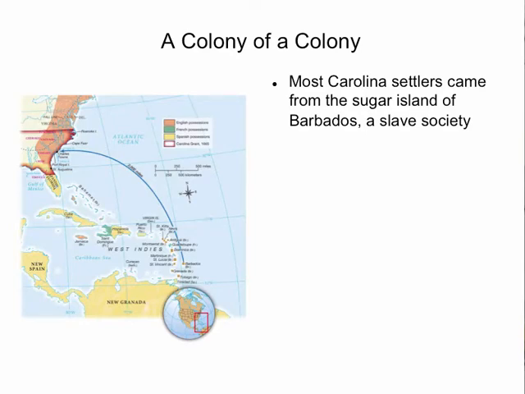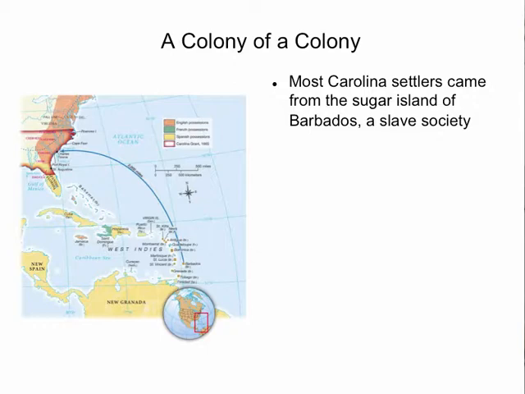They really wanted to create a full-fledged slave system, and they wanted to create it quickly. This was very different from the situation in Virginia, where, as we saw, the slave system developed gradually. It was not part of the original plan, but it developed primarily because of tobacco.